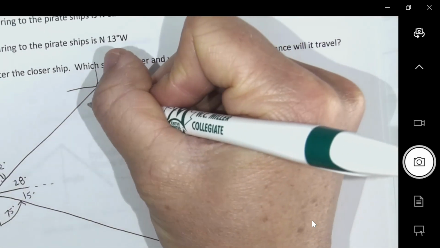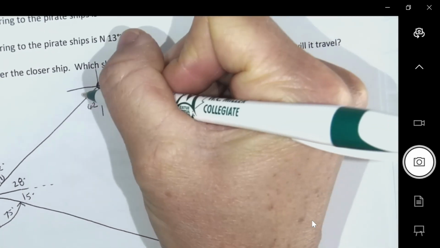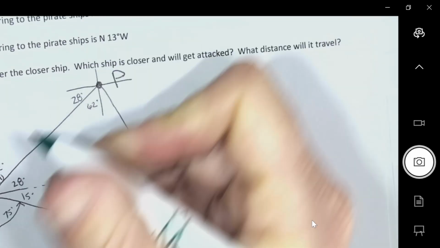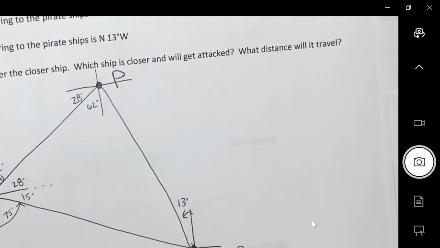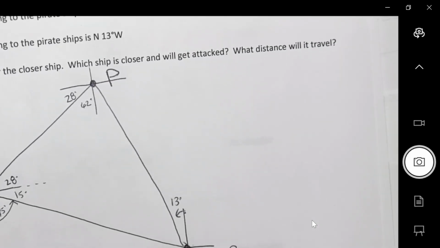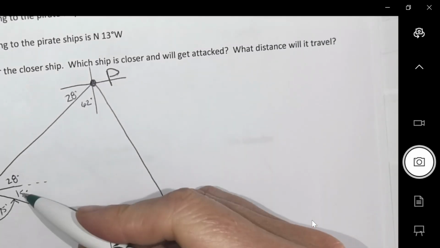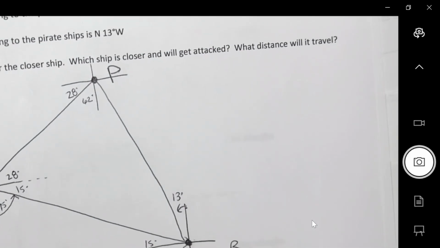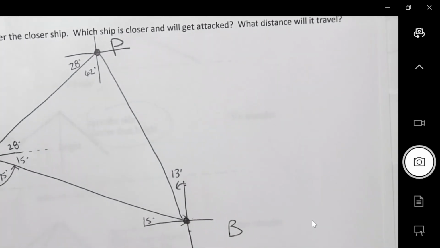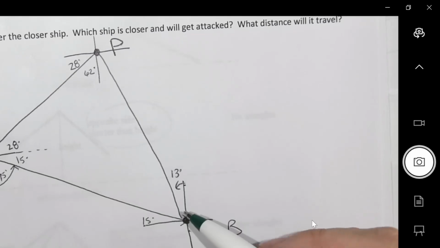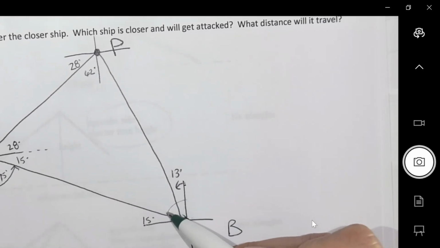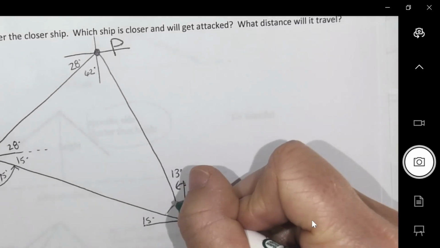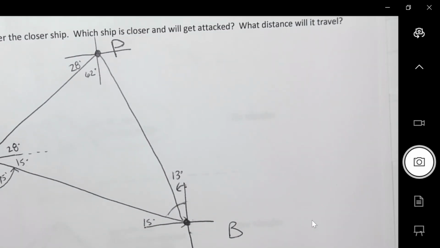So this would be 62, and this would be 28 if we flip-flop them with alternating. And the 15 would flip-flop like that, right? This would be the 75, right?